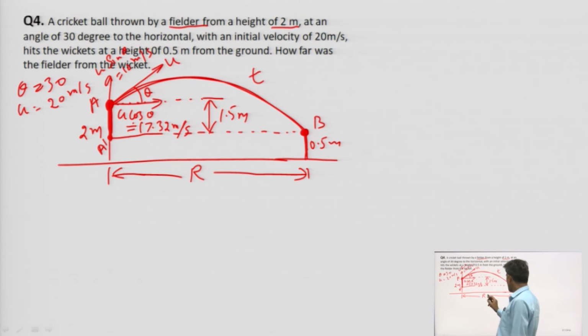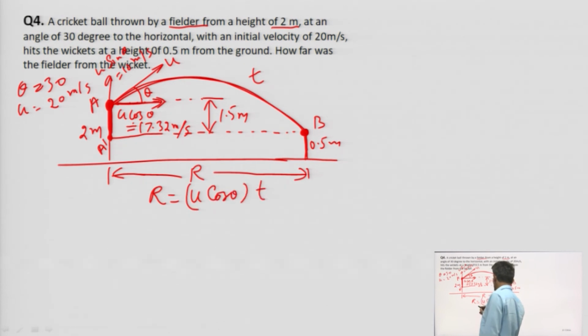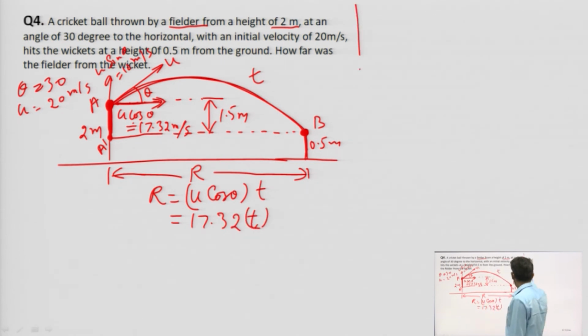Since the horizontal component of the velocity remains the same, the value of r is simply u cos theta into t. U cos theta is 17.32 into t. So, we need to calculate the value of only t.